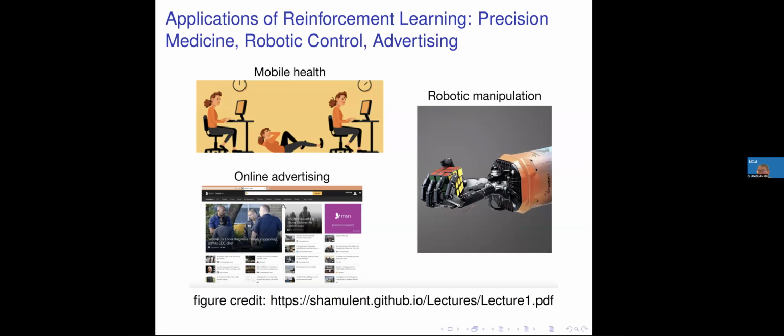So this is another application of reinforcement learning. And of course, high-tech companies are also using reinforcement learning for advertisement, for example, online advertising or recommendation systems. And more recently, many of you have heard of ChatGPT, which is a very powerful chatbot. One of the techniques behind ChatGPT is also reinforcement learning with human feedback.